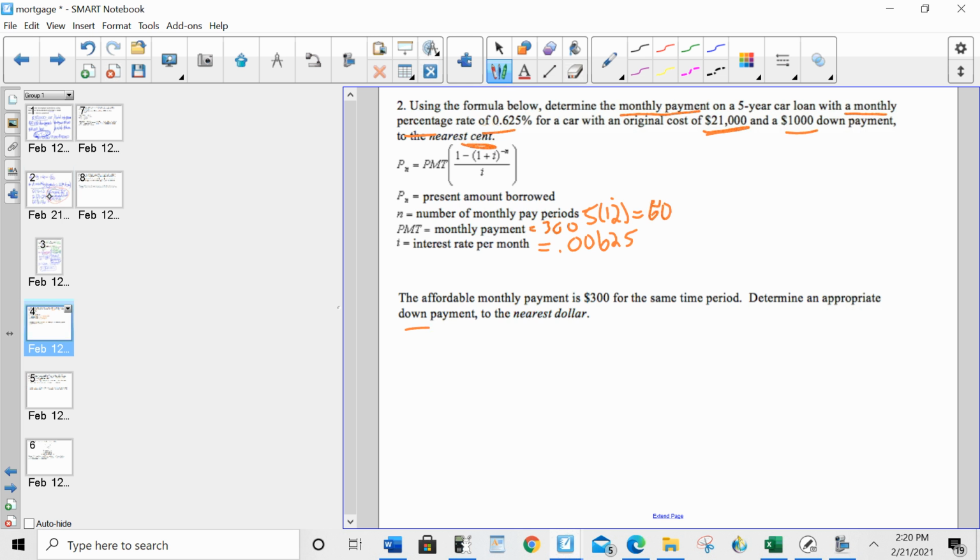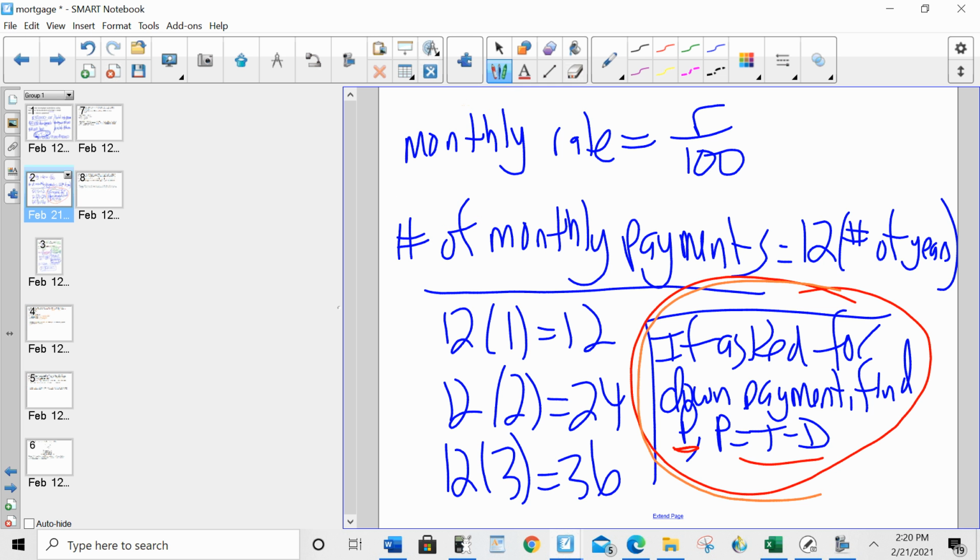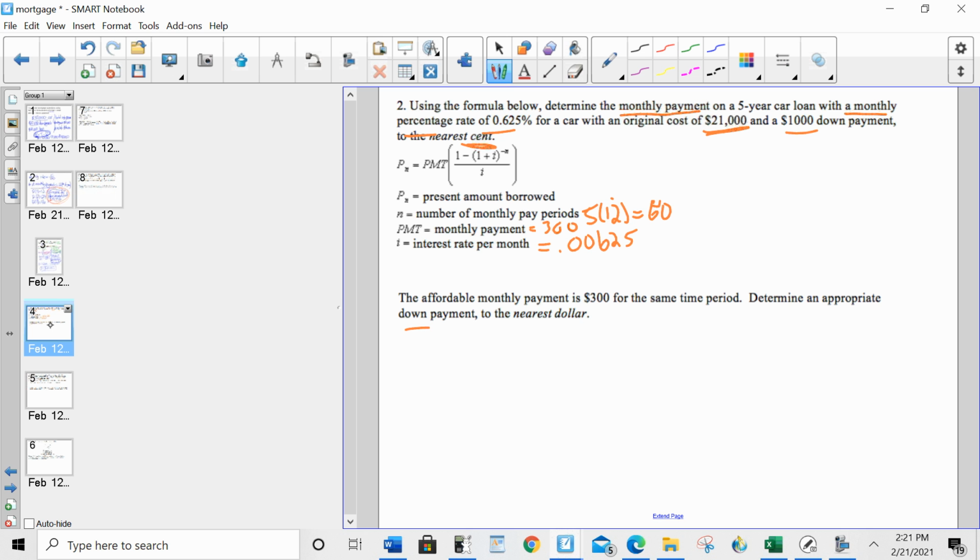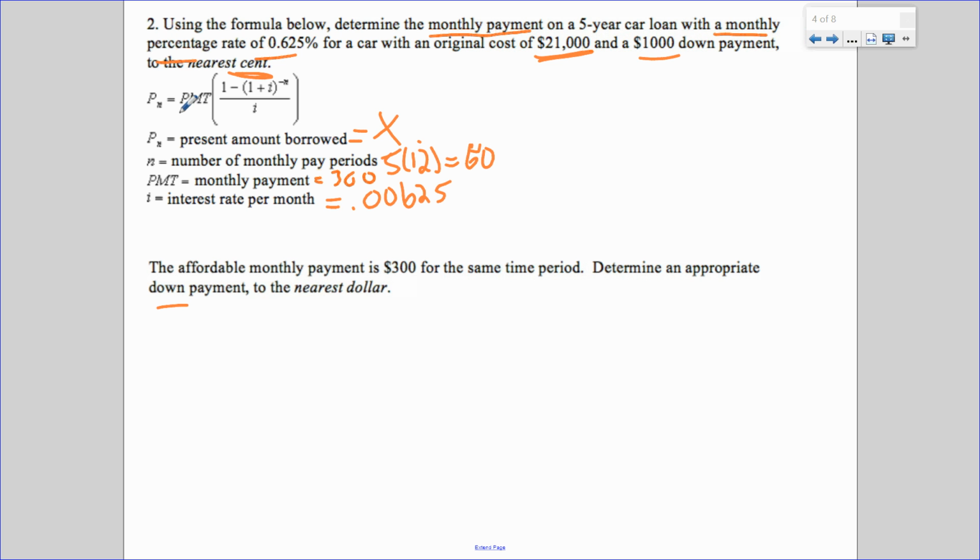So again, to find the down payment, you have to first find P. So P, or P of n, is what I'm trying to find, the principal. So I have x equals, you know what? Why don't you try and take it from here?